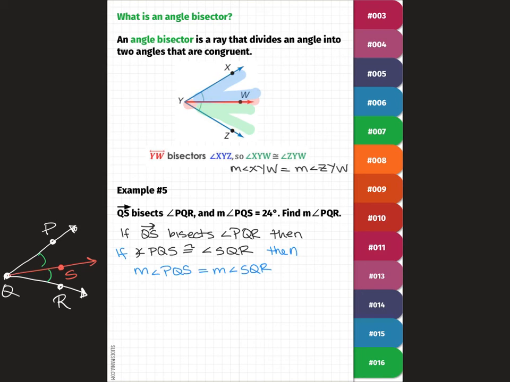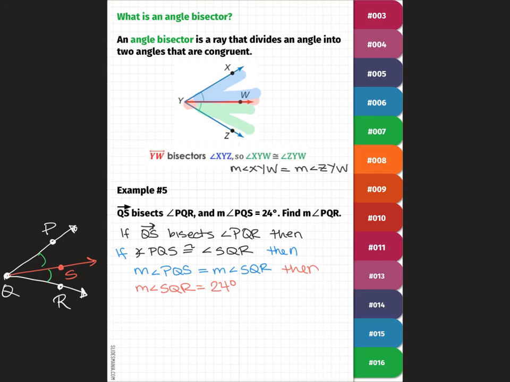Right? So if their angles are equal, then the measure of angle PQR is equal to 24 degrees. Nope, not PQR, sorry. That should be SQR is equal to 24 degrees.